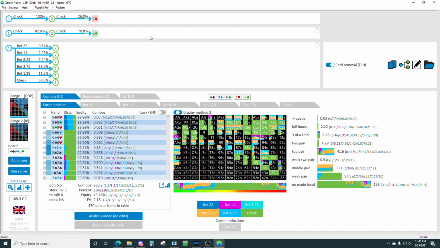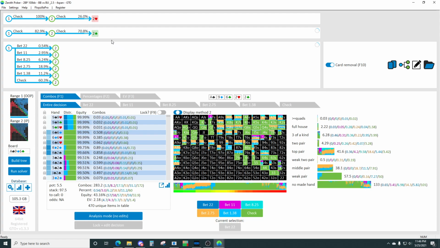But in this line, checking around like 60%, so roughly the same, but then almost no air is really bluffing, and it's just betting a ton of top pair, middle pair, and some weak pair. It seems like it just barely even bluffs here, but then it is super unbalanced.